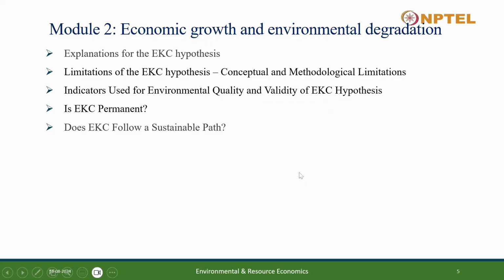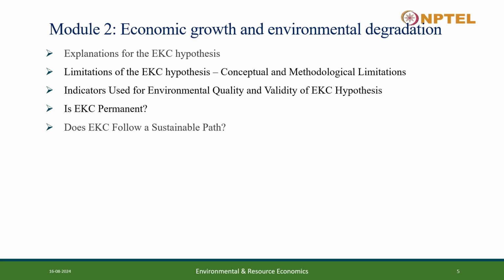So after that, we asked a very important question: does the EKC curve always follow a sustainable path? If a nation follows the EKC curve, then what will be the impact on the environment? So we concluded that EKC is not permanent, because in many cases the downward slope is not permanent, for those where there are no structural changes but marginal abatement of emission is being done.